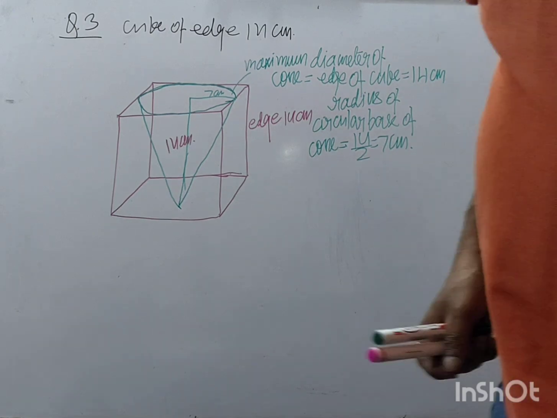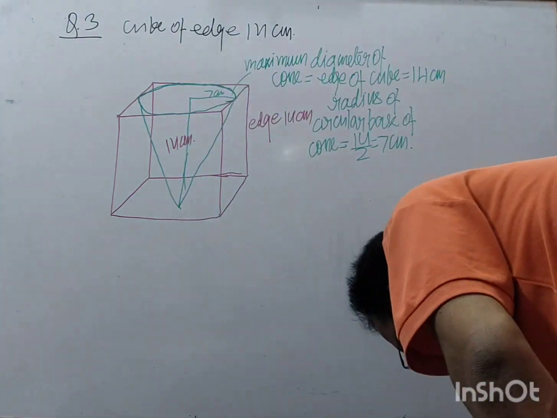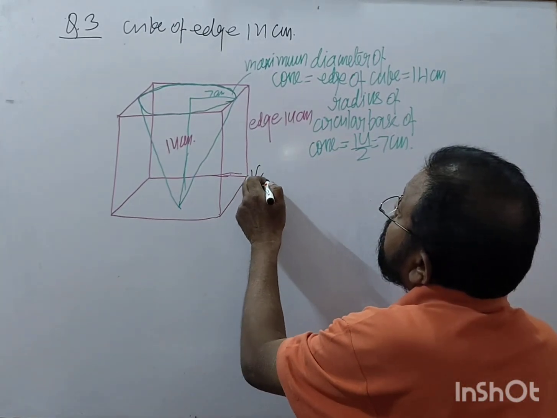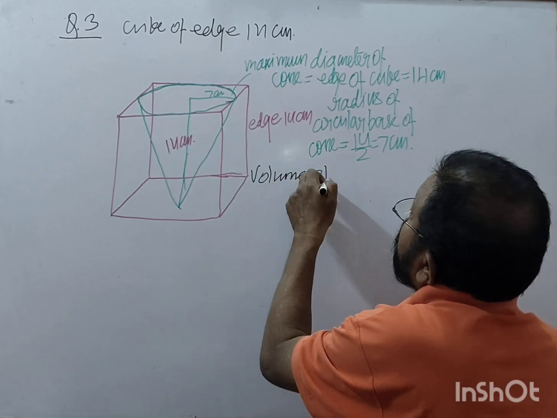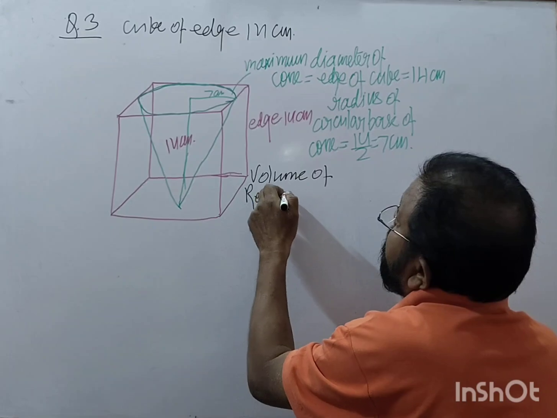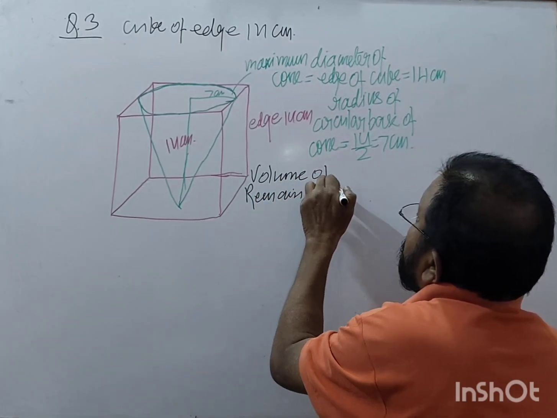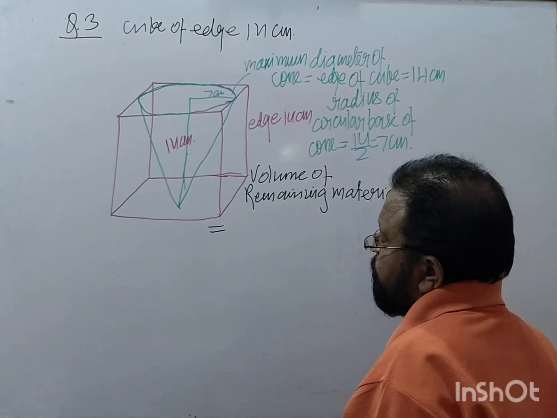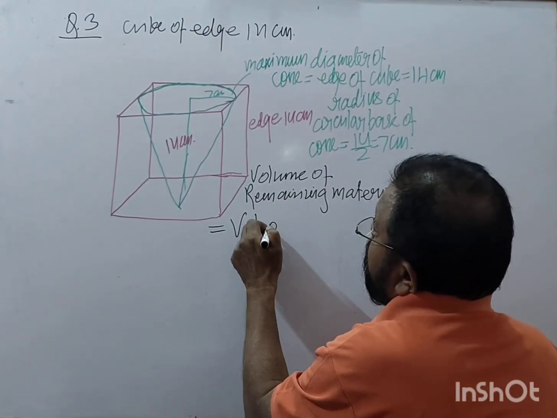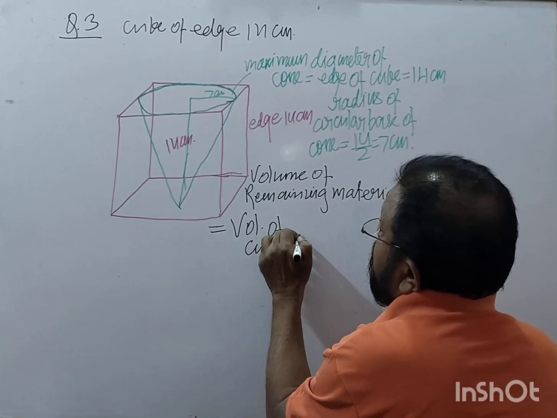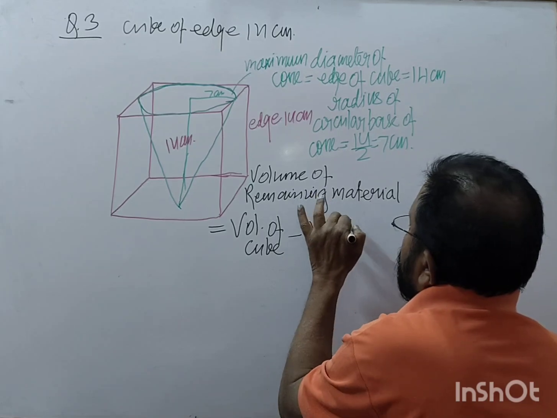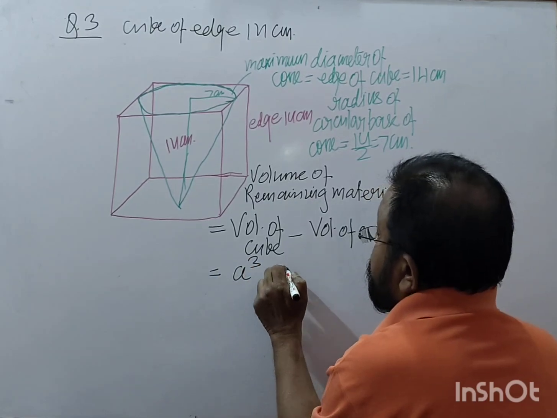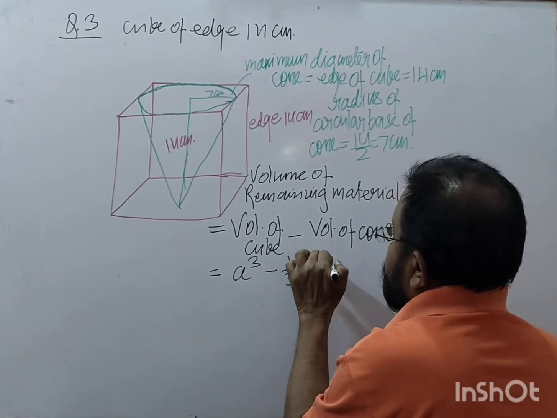So the volume of the remaining material is equal to the volume of the cube minus the volume of the cone. So it is cube minus 1/3 pi r square h.